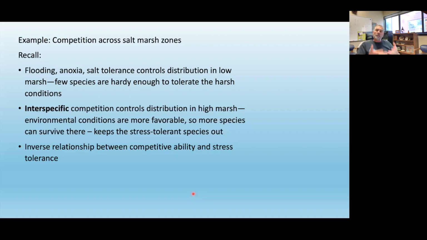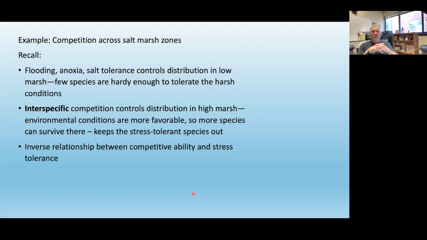You can remember that flooding, anoxia, and salt exposure are controls that really limit the number of species that are going to be able to tolerate those stressors. It's harsh conditions, and there just aren't a lot of plants that are adapted to those environments.